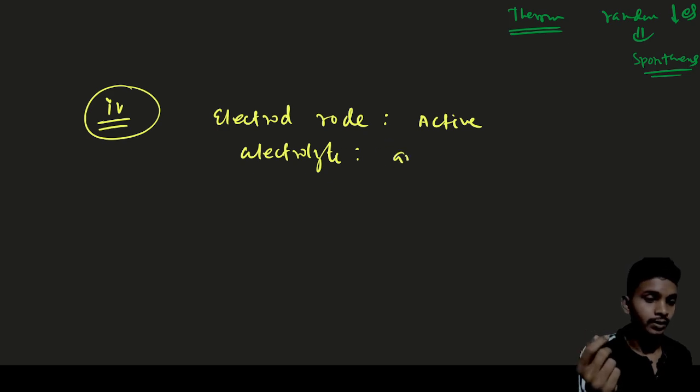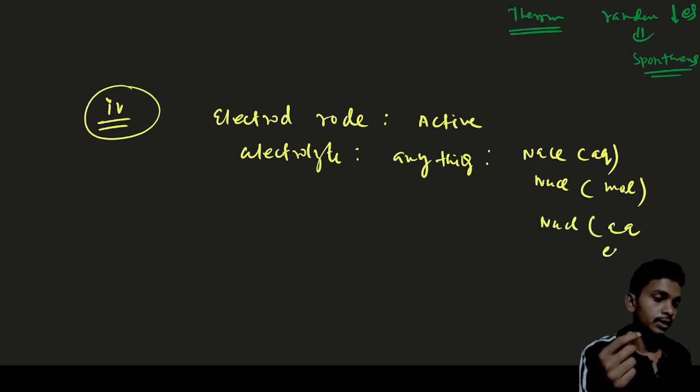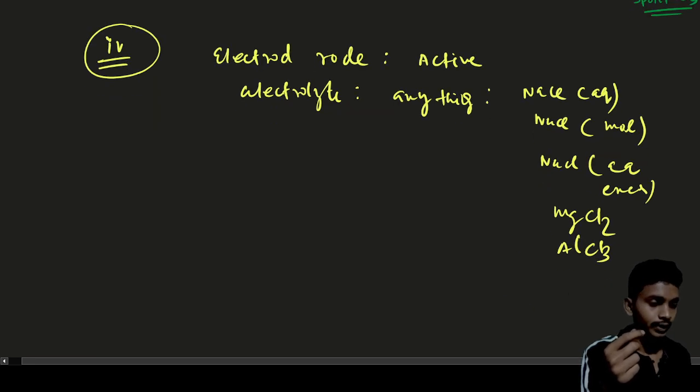The electrolyte may be aqueous NaCl, molten NaCl, NaCl in excess water, or MgCl2, AlCl3, any electrolyte you take.